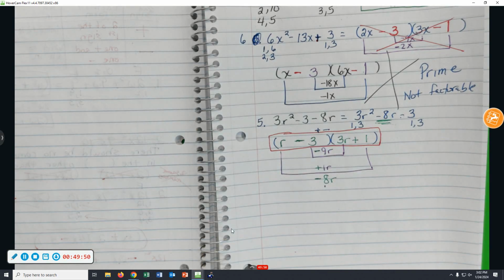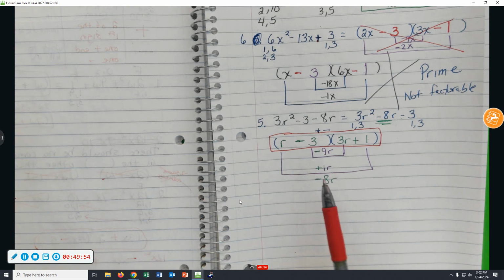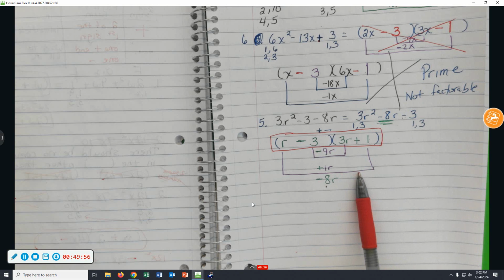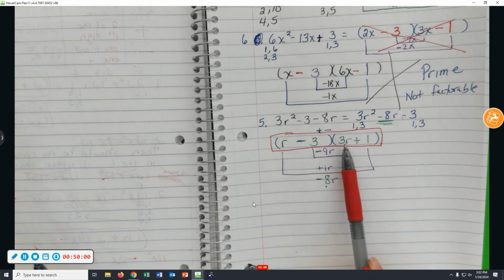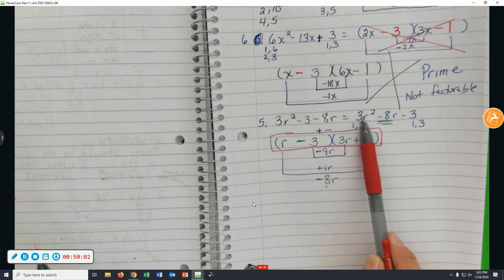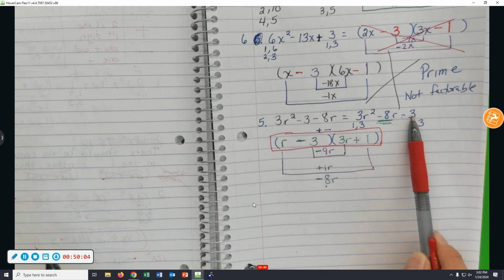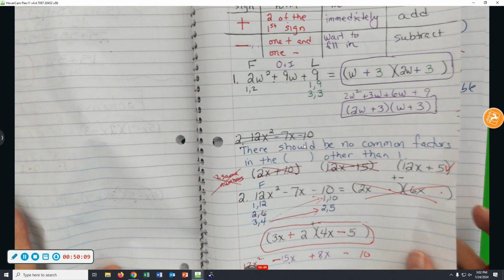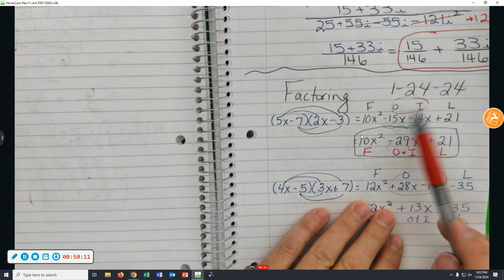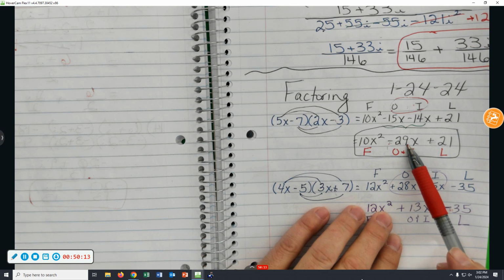Any questions there? Again, these little marks down here, what I'm doing is I'm FOILing, but I'm not showing the first terms, because I know r times 3r is 3r squared. I know 3 times 1 is 3. All I'm interested in is, do the outer and inner terms combine together to give that middle term?